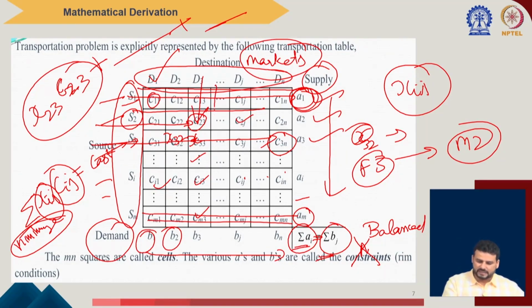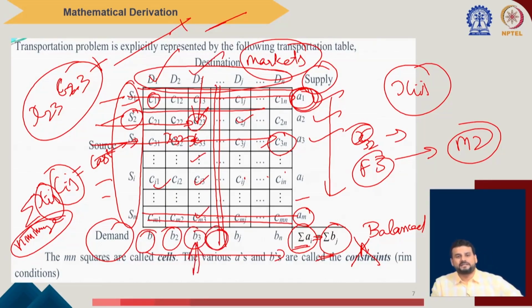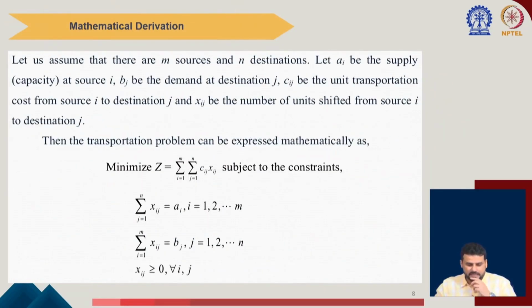The same is the case for demand. If I am talking about the third column, the total sum should not be greater than B3. It can be less than, but it cannot be greater than. So this is the total structure of your mathematical transportation problem.